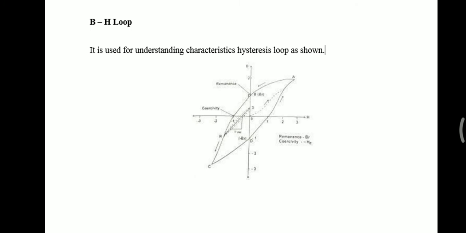Remanence is the maximum flux density that can be retained by the magnet at a specific temperature after being magnetized to saturation. In curve BC, external ampere turns applied in the opposite direction cause the magnet's operating point to follow the curve from B through the second quadrant to C. In curve CD, the ampere turns are switched off at C and the magnet relaxes, now magnetized in the opposite direction, and the maximum flux density it can retain is minus BR.